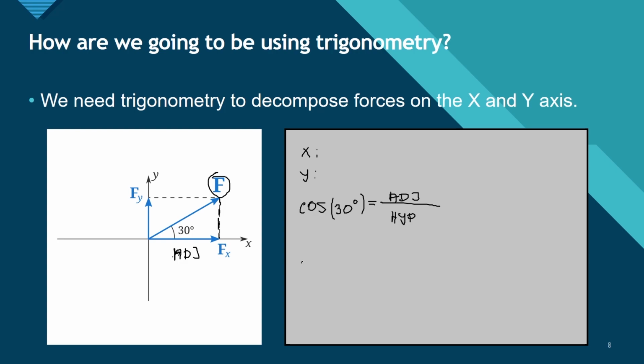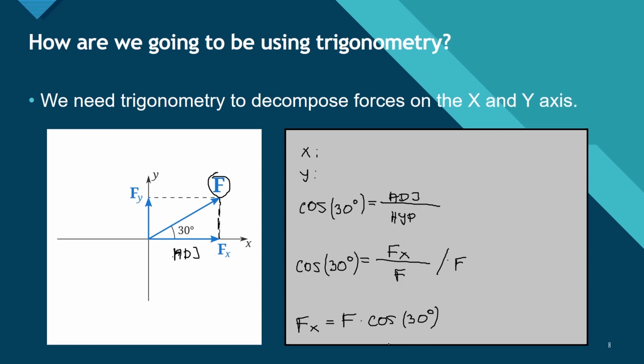In this case, the hypotenuse is known because the hypotenuse is the force F. Okay, so this is the force F, and the adjacent side is the force Fx, which is the x-axis projection for the force F. So if we multiply everything by F, we get that Fx is equal to F times cosine of 30 degrees.